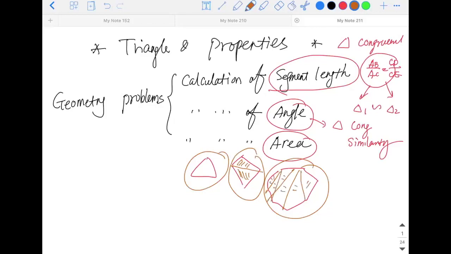So that being said, you can see that in most geometry problems, the triangle is actually our prototype. If you have a very good understanding of the triangle properties, this is going to be very helpful for all your geometry related problems. All right, so that being said, we would like to start our lecture talking about some basic properties of triangle. After you have a very good foundation, we can move on to some other different topics.